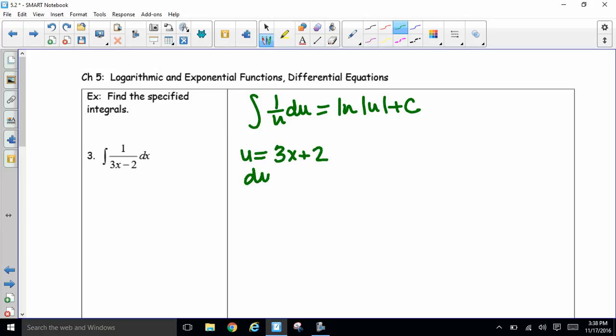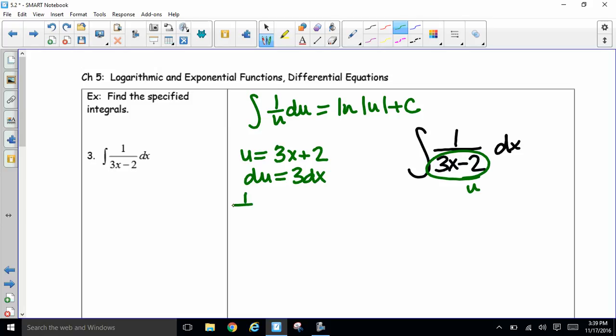So du equals 3 dx. And then as I go back and I try to replace all my pieces, I have the integral of 1 over 3x minus 2 dx. I've gotten this bottom part replaced with u. Great. But I don't see this 3 that I'm seeing with my dx. I only see dx.